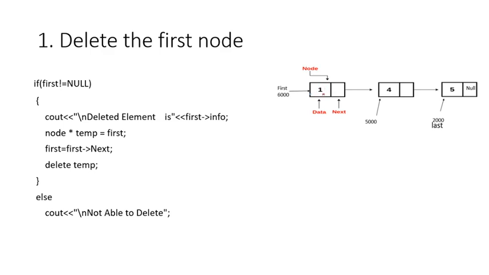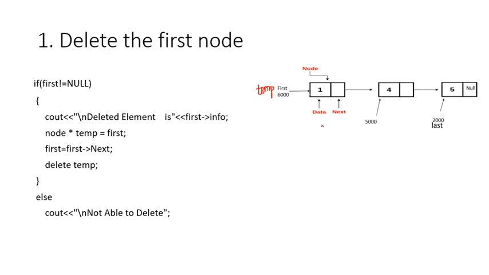Now this first pointer, or the base address of this first node, is stored in the temp pointer. Why are we doing this? Because after deletion of this node we have to deallocate this memory.